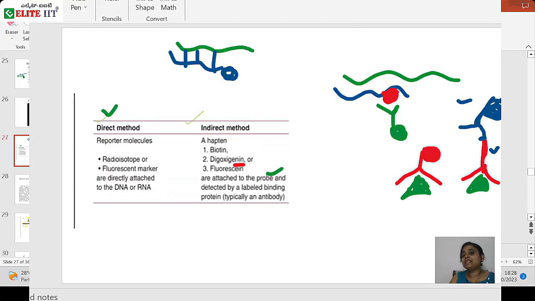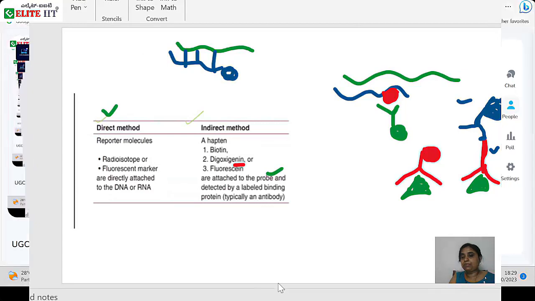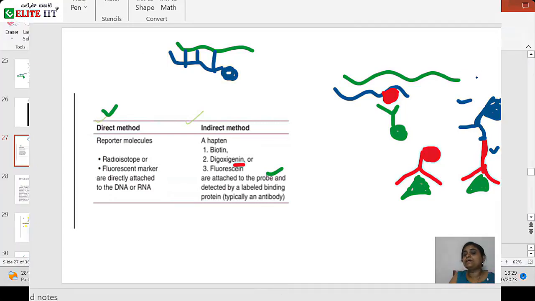So in the indirect technique, generally we are not directly adding any fluorescent compound with the probe. You have to add some primary thing, against the primary you add a secondary thing, and with the secondary there should be binding of the fluorescent compound, or in case of ELISA, it is enzyme.